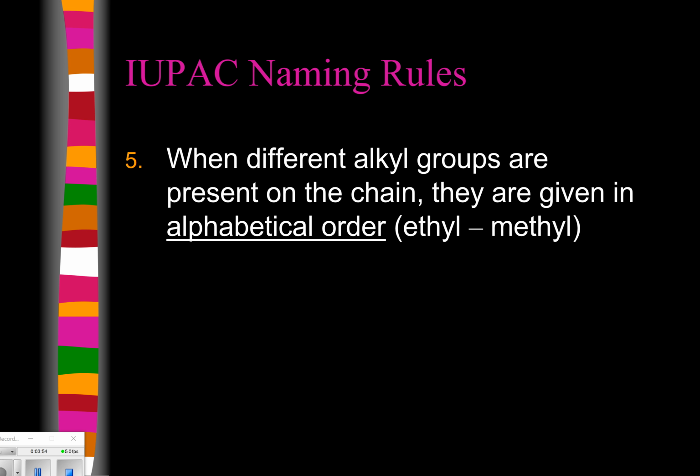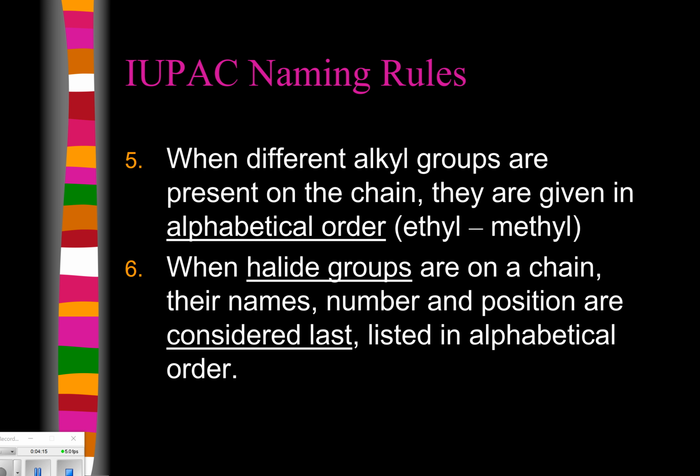And we'll also specify the position as well. When we have different alkyl groups present on the chain, we're going to name them in alphabetical order. So if we have an ethyl group and a methyl group somewhere on our hydrocarbon chain, we're going to call it ethyl methyl. Ethyl first because it starts with an E compared to an M. So we'll consider alphabetical order.